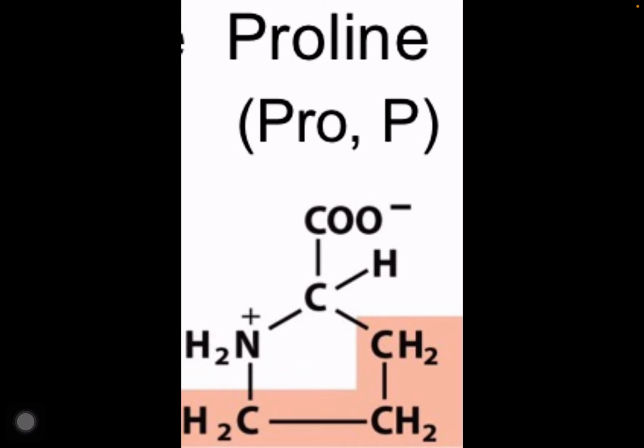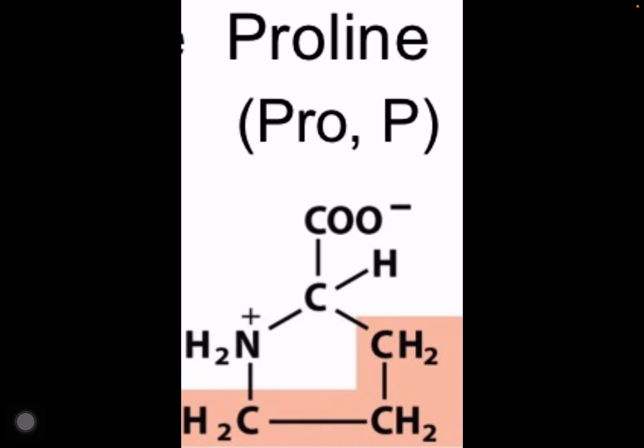And proline. Proline is a tricky amino acid, because actually we need to have the amino group, the carboxyl group, the H and the side chain, but the amino group just binds back to the alpha carbon, so it forms a ring.